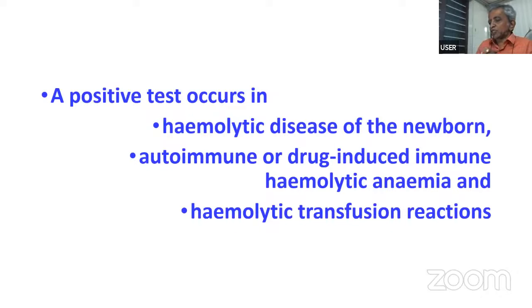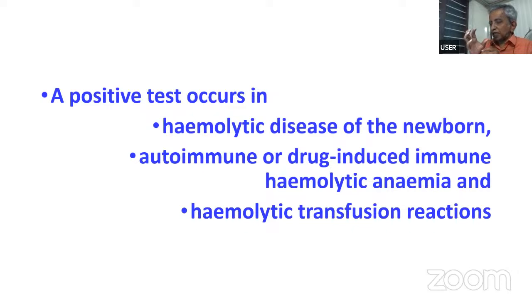Just because the Coombs test is negative, if the other clinical picture is in favor, you cannot rule out autoimmune hemolytic anemia. One condition is that the number of antibody molecules on the surface of the RBCs is very important. There is a threshold value.